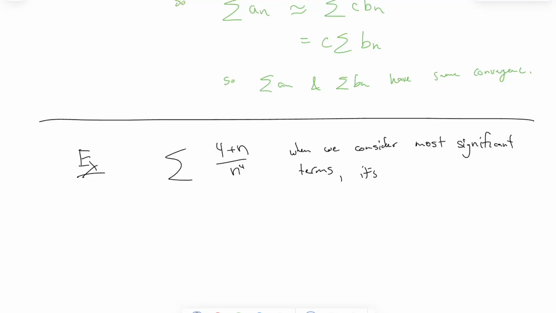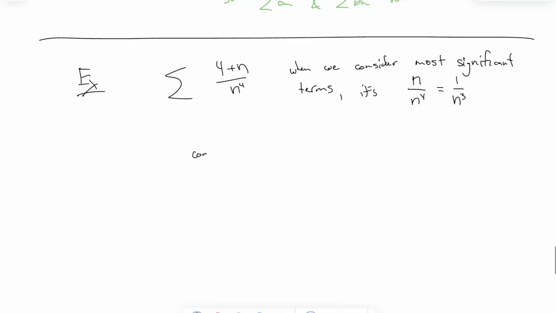But in this one, when I consider the most significant terms, it's basically n over n to the 4. That 4 plus doesn't make much of a difference up top, right? Because in the series, when you go down enough terms, the n is going to be super big anyway, so adding 4 in the numerator really doesn't make a difference. So this is basically n over n to the 4, which can simplify to 1 over n cubed. And so that's the comparison that I'm going to do.